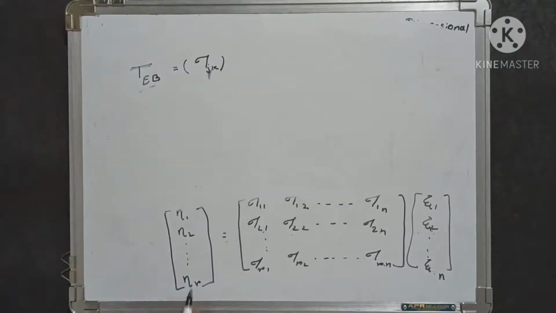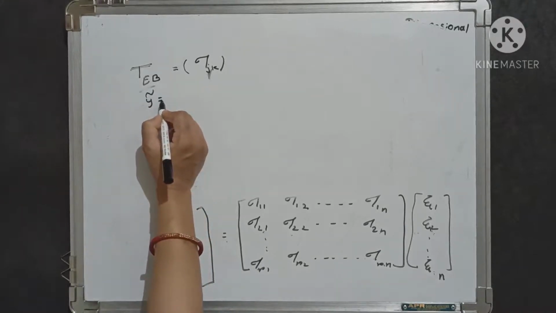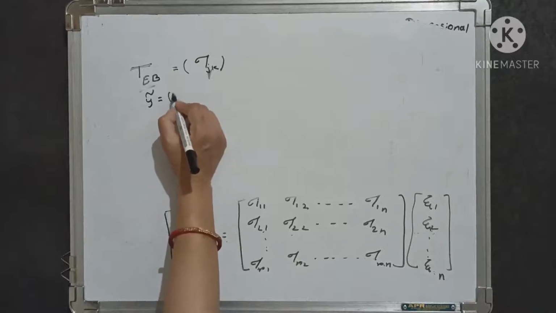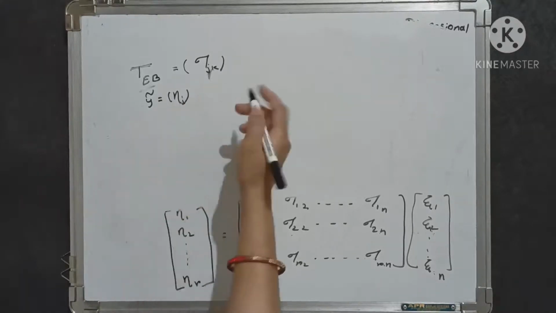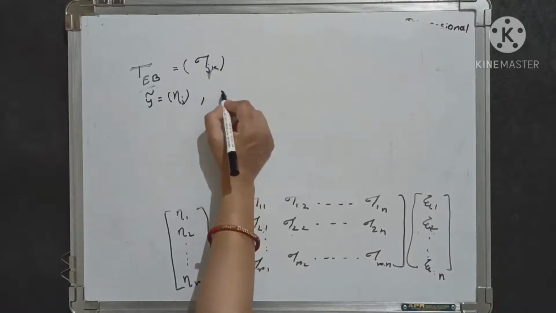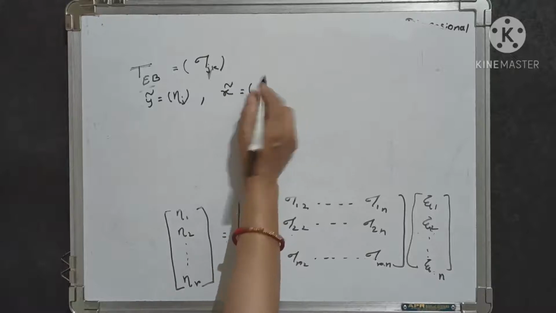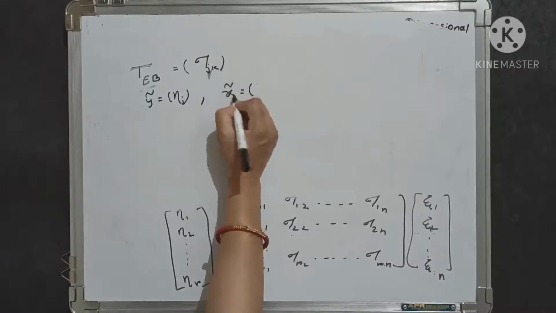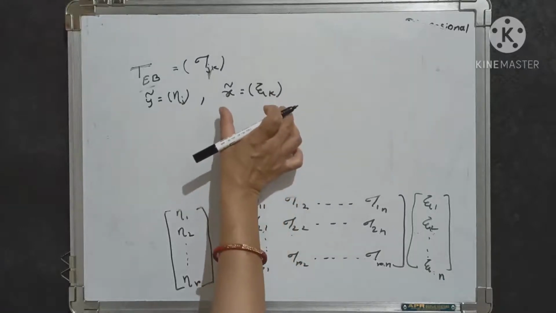And here we write Y tilde, which equals the sequence eta j. It is nothing but a column vector. And X tilde equals the sequence xi k. It is again a column vector.